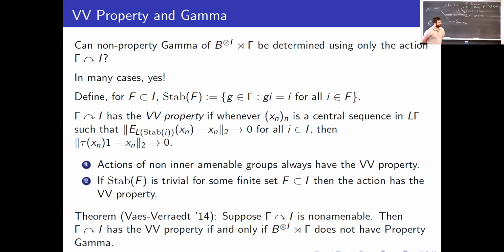I guess I have to add a caveat: it should be for B non-trivial, so it can't be C. I think that's the only caveat, though. So if I just add in non-amenable and VV, or non-amenable and non-inner-amenable, that would be sufficient also. Then I get non-gamma.